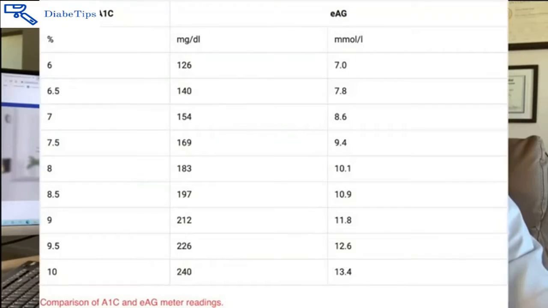So 6% is 120, 7% is 150, 8% is 180, and it goes on. For example, if you look at 12%, that's around 300. You can make an easy calculation about that. I hope that's easy to understand, and we'll move on to the next topic now.